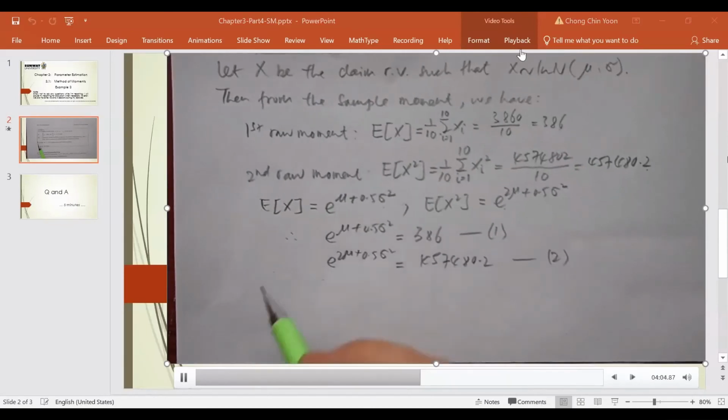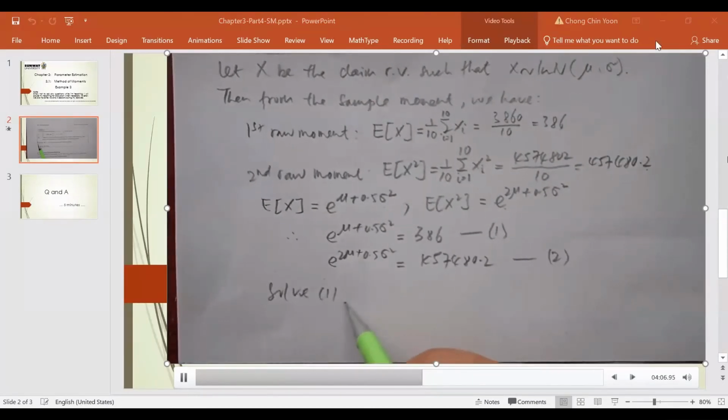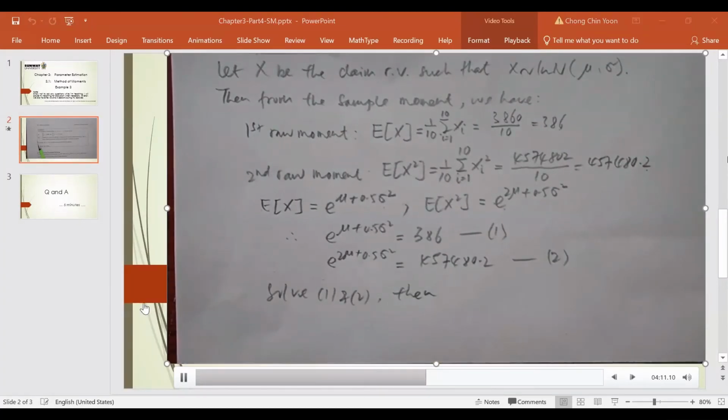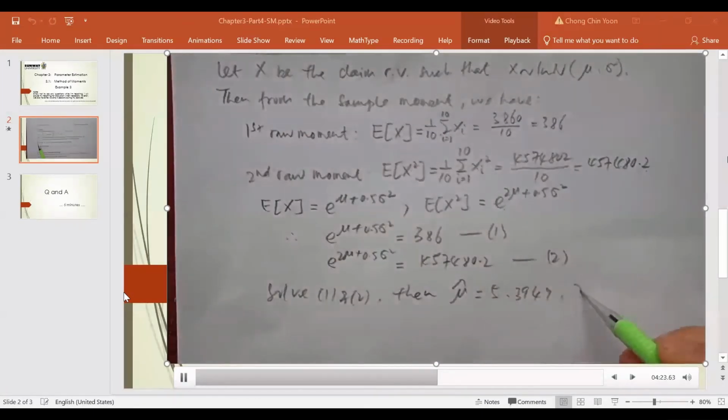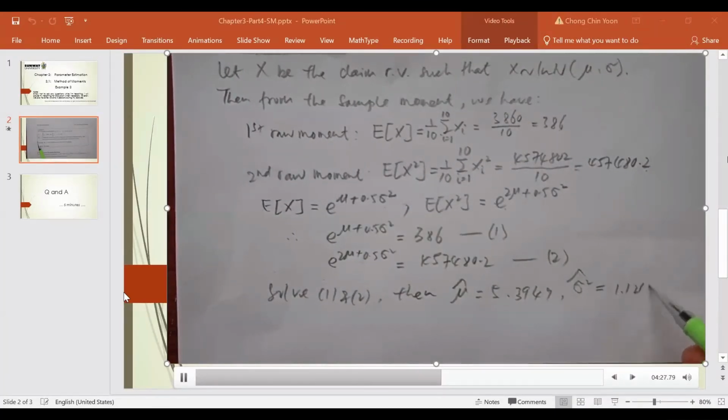And now we try to solve equations 1 and 2, then we can estimate the parameters of mu, which is equal to 5.3949, and the estimate of sigma squared, which is equal to 1.1218.